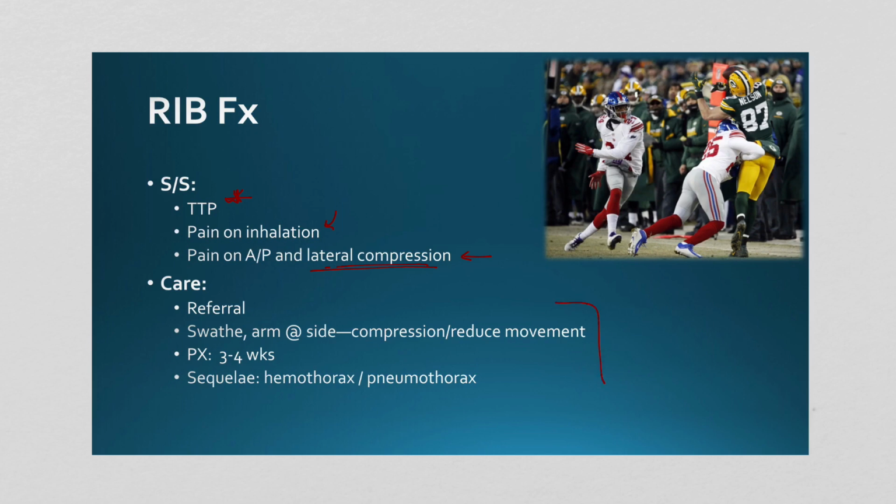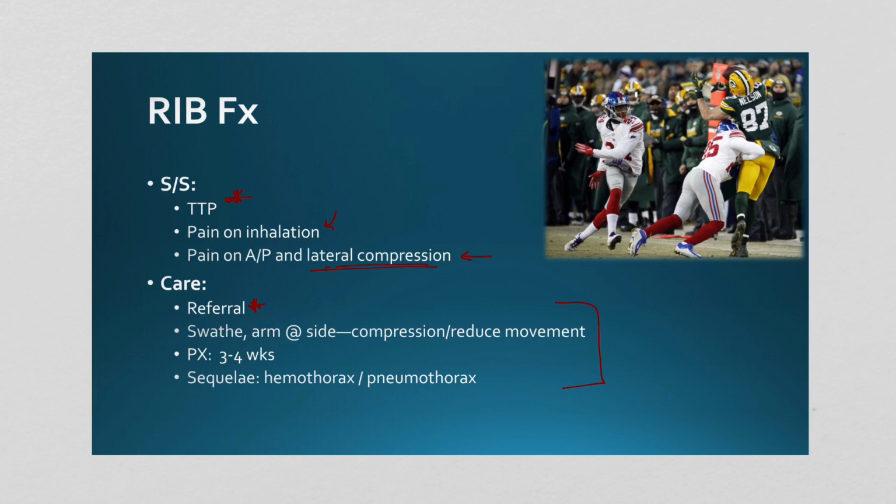So what do we do for these individuals? Referral. You all know me, I'm pretty conservative when it comes to treating most things. But because the ribs, remember the thorax in particular, is protecting which two vital organs? Right, the heart and the lungs. So anytime you have a rib fracture, you want to ensure that the rib did not fracture posteriorly and cause pathology such as a pneumothorax or a hemothorax or any heart damage.